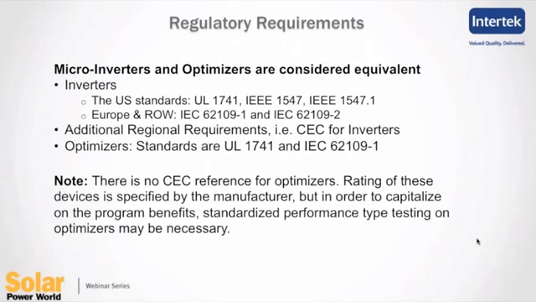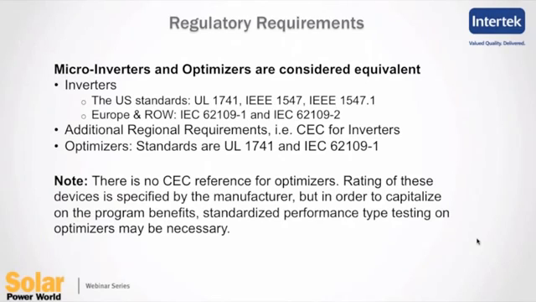The standards that are most commonly applicable to both products in the U.S. is the UL 1741. In some very rare cases where a microinverter or any other inverter, but if we're talking about microinverters here today, has any connection with the grid, it also needs to meet the IEEE 1547 requirements.